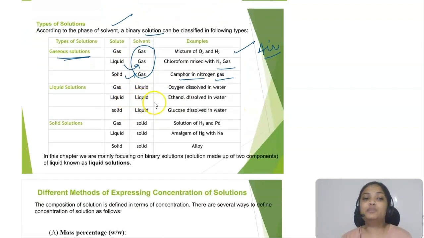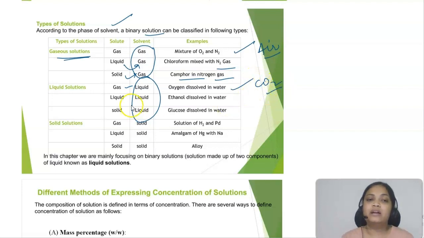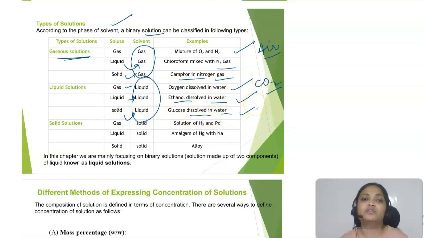Then liquid solution means where the physical state of the solution is liquid, right? So that is gas in liquid, like some gases dissolved in water, oxygen dissolved in water, CO2 dissolved in water. Liquid in liquid, the most common type of solution, like ethanol dissolved in water. Solid in liquid means glucose dissolved in water, salt, sugar dissolved in water, right?